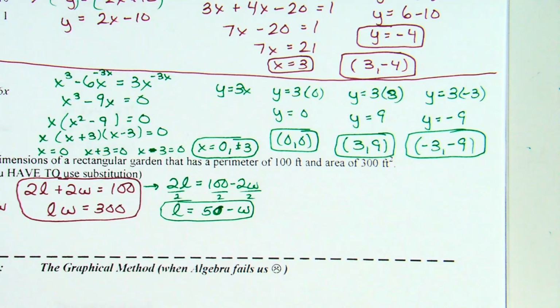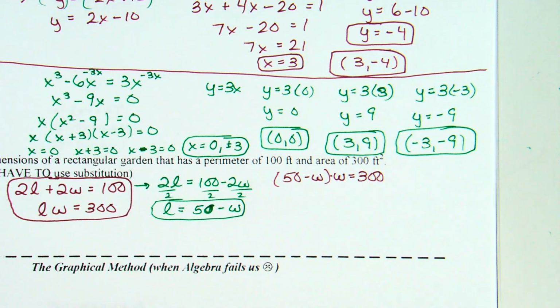Oof, I'm going to run out of room. Make yourself a little bit of room there, guys. Okay. What do I have to do? Okay, you got to distribute. So 50W minus W squared equals 300.